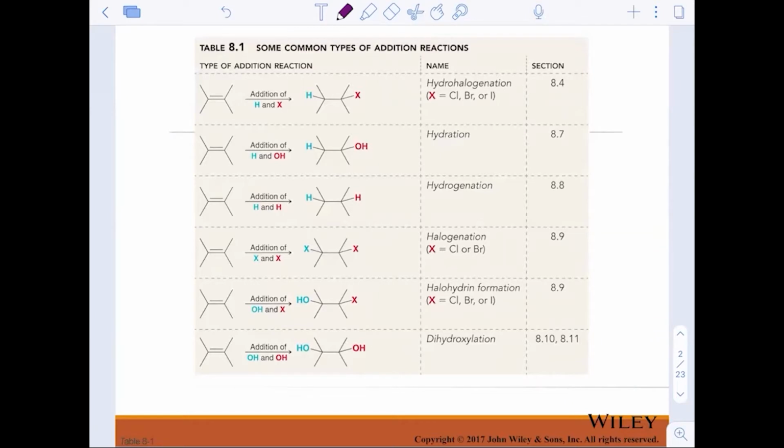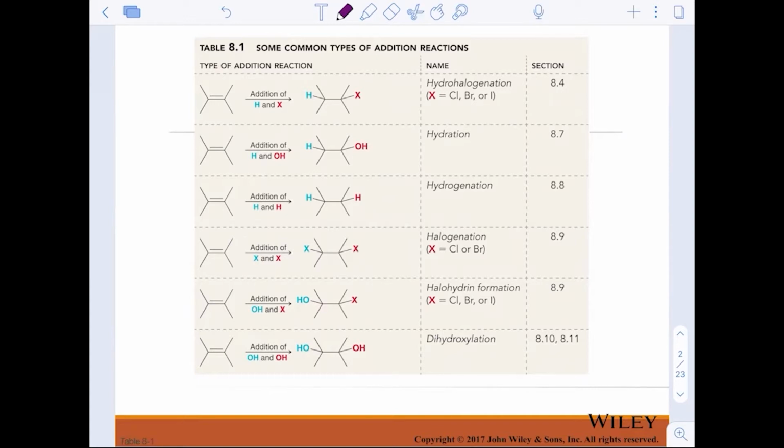So when we're looking at all these types of reactions, again, what we are adding is going to be very dependent on what the reaction name is. So we have some reaction names this chapter. You don't need to memorize the name, but what would be helpful is knowing the reagent that has those addition substances.